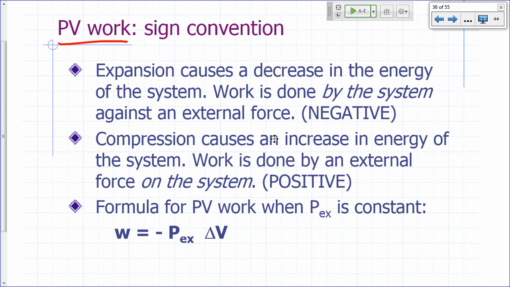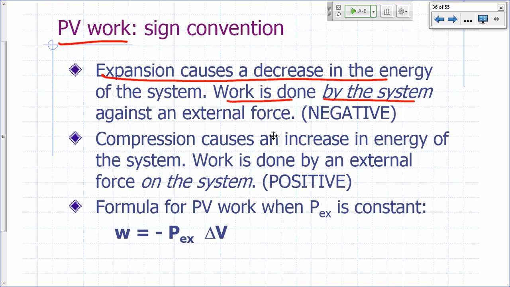Okay, if the system is expanding, it's doing work. It's working against an external pressure. Its energy is going to drop. If you're doing work, you lose energy, right? So expansion causes a decrease in the energy of the system. So we say work is being done by the system.